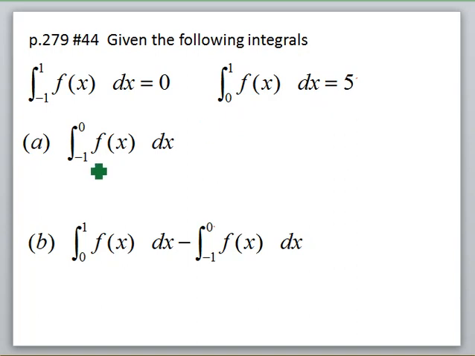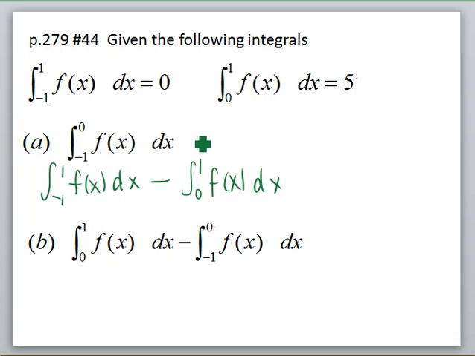If I want to find the area from negative 1 to 0, I could do that by taking this area from negative 1 to 1 and subtracting off the area from 0 to 1 of f of x dx. We know this area to be 0, minus this area, which happens to be 5, so we get the combined area to be negative 5 for that problem.